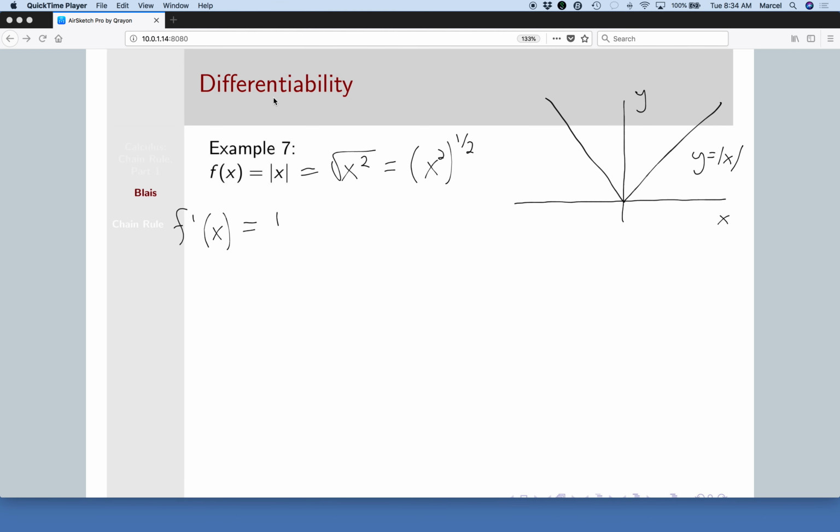So we would go 1/2, leave the inside alone, x squared to the minus 1/2 times the derivative of what's inside, which is 2x. Now let's simplify this. The 1/2 and the 2 cancel.